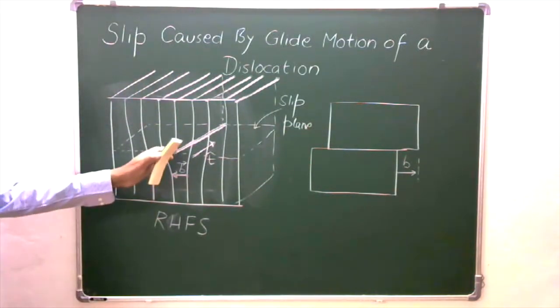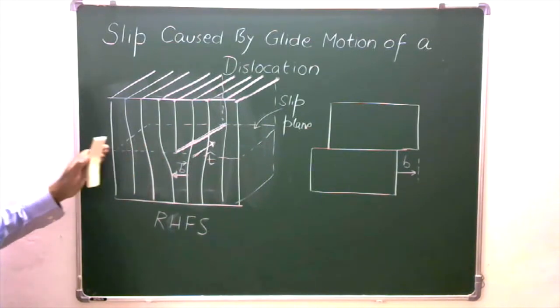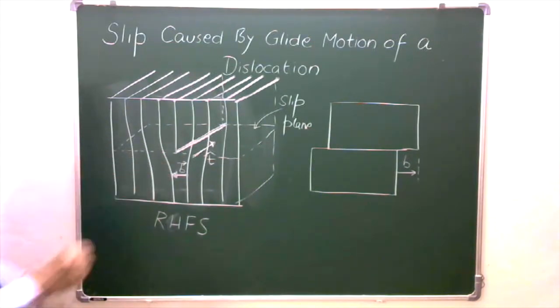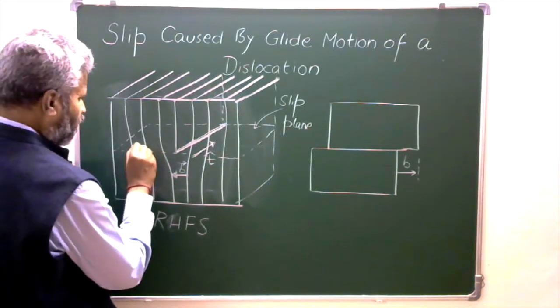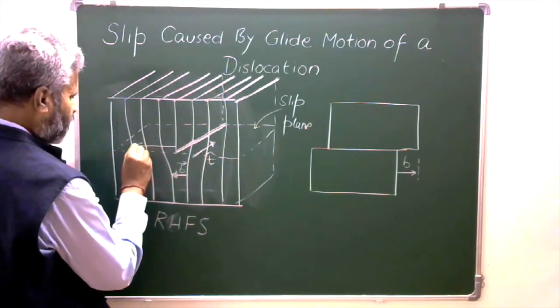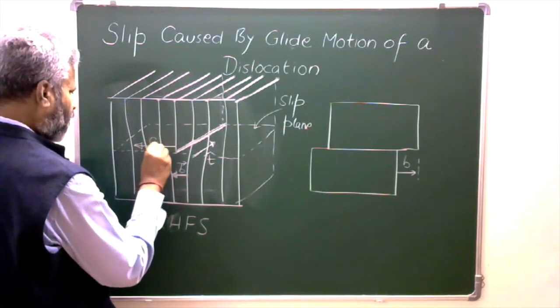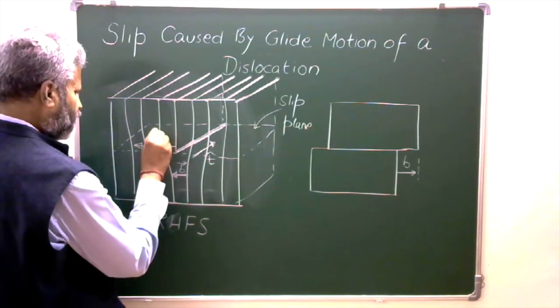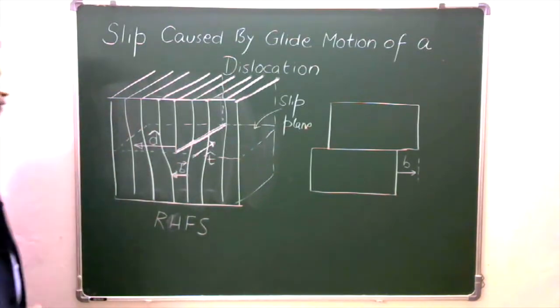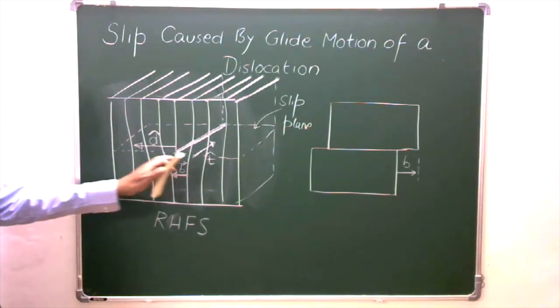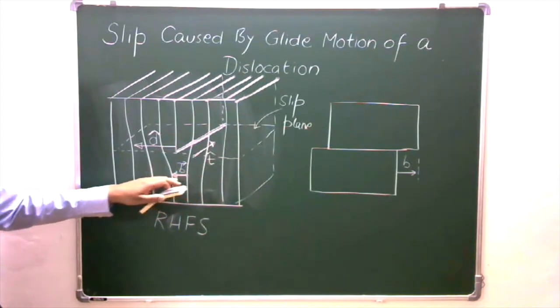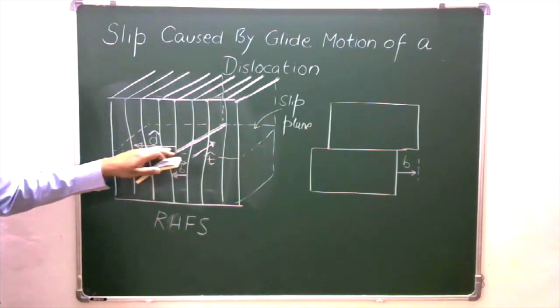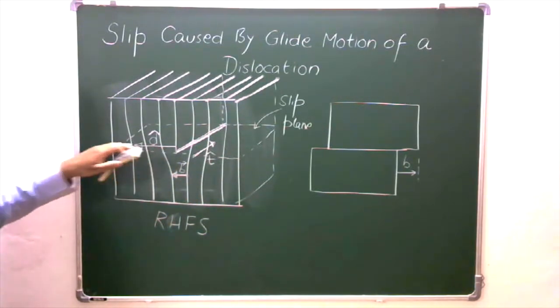Suppose that this dislocation moves to the left. This dislocation moves to the left. So let me show the direction of the movement by another unit vector d hat. So a dislocation with line vector t, Burgers vector b is moving in the direction d.